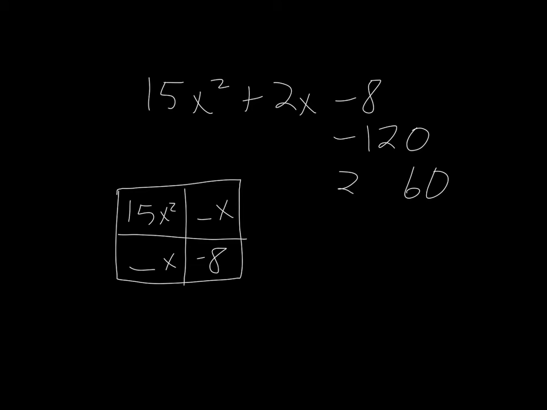Which one do I need to be negative? Well, look at my x value that I've got. It has to be a positive number, which means I need the smaller one to be negative. I add those together, I get 58. That is very, very far from what we're trying to find. We're trying to make it into 2x. So let's say, well, negative 3. 3 goes into 120 40 times.